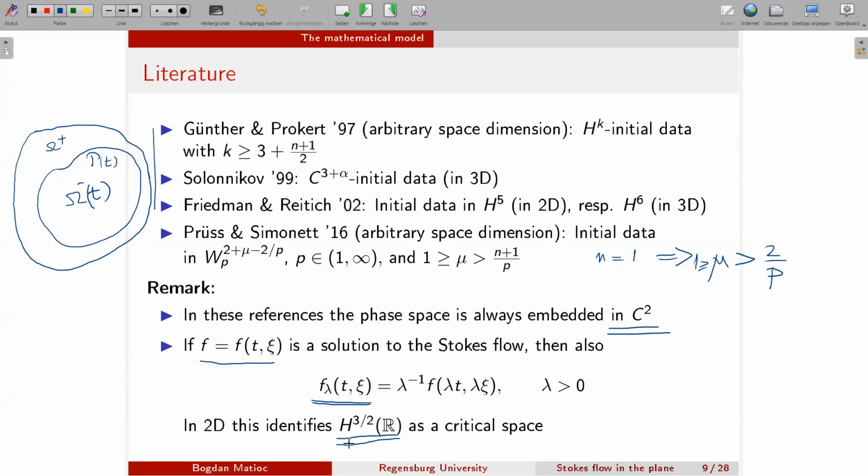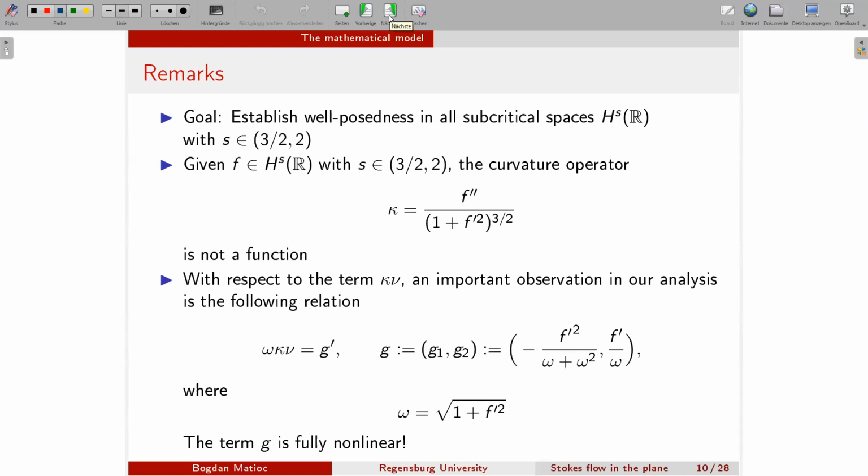So the critical space is H^(3½) for this problem. And our goal was to establish well-posedness in the subcritical spaces H^s of R with s between 3½ and 2, arbitrarily close to 3½.